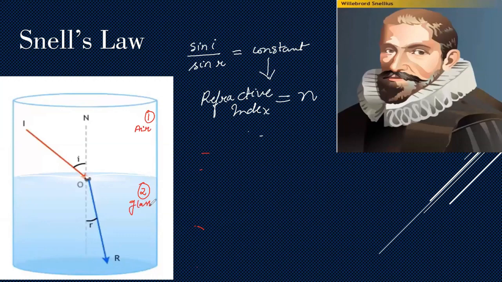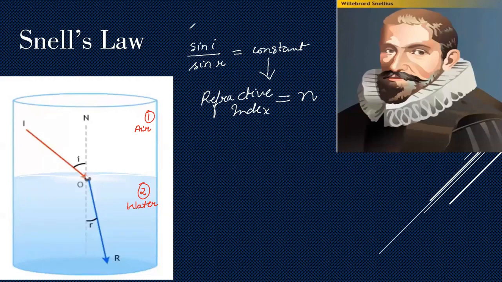Now, where is the bending happening? Bending always happens in the second medium. Over here also the bending is happening, instead of glass I should put it as water. Bending is happening in this water medium, okay. So wherever the bending is happening, we take refractive index of that particular medium.